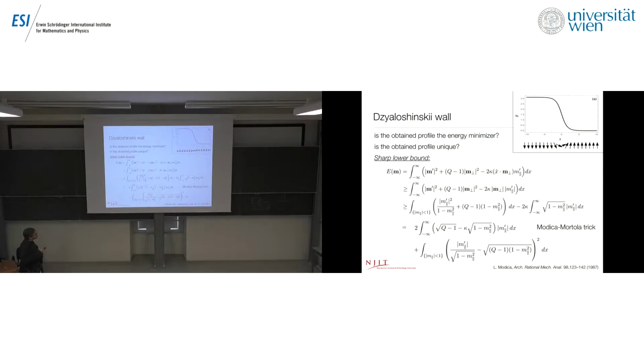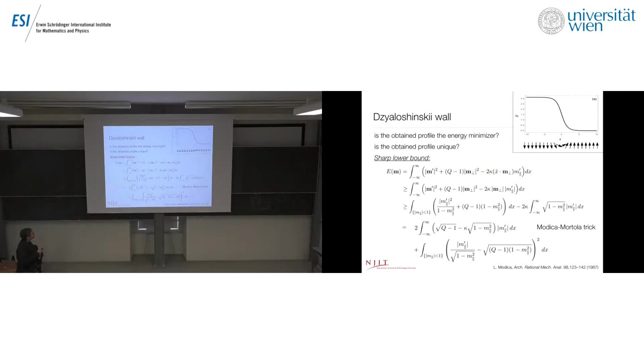So now we have an energy lower bound that is in terms of only the out-of-plane component of magnetization. And this is actually what I'm going to show, that this bound is tight, that for the minimizer, equality is achieved on this bound. Okay, and so how do we see that?